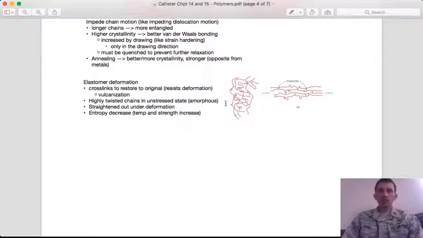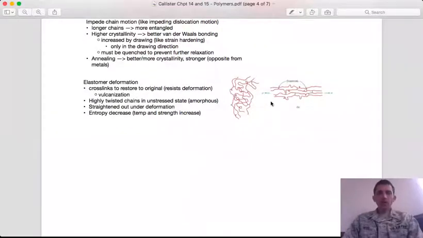And even though, because you have these amorphous regions and low crystallinity, the modulus is low, you have very high multiples of strain, 1,000% or something.